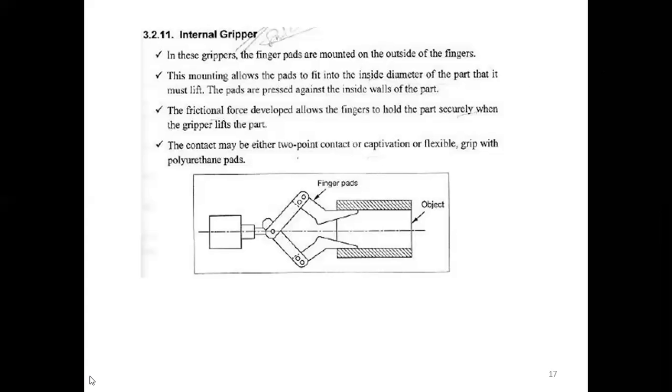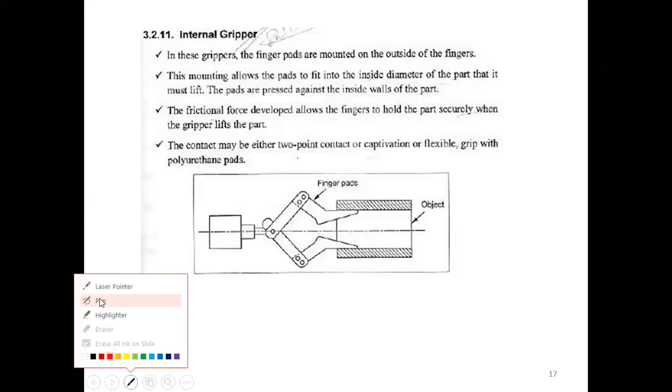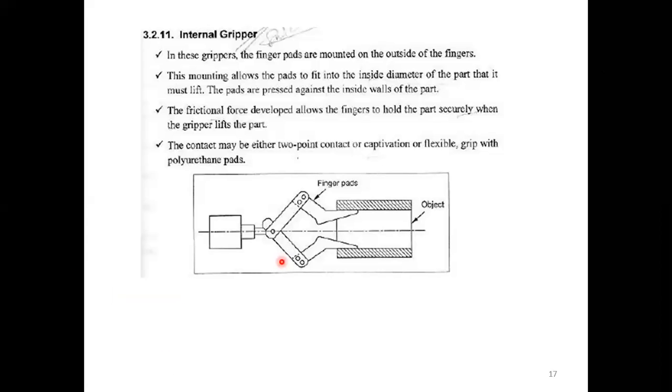For some cases, if there is a gap in the material, we can use the internal gripper. Here we have an internal gripper, and using it we can get the object, like pipes.